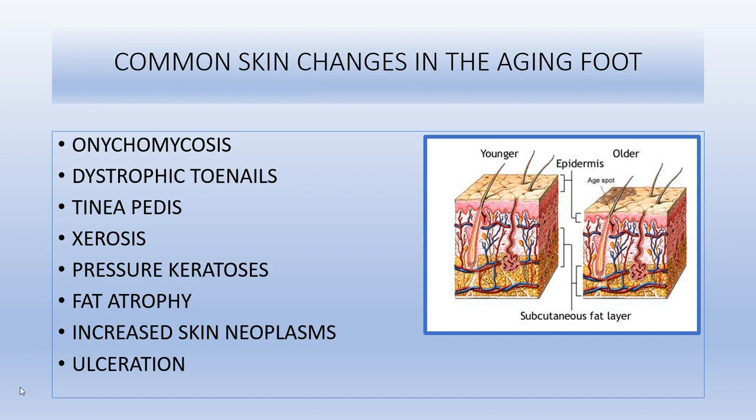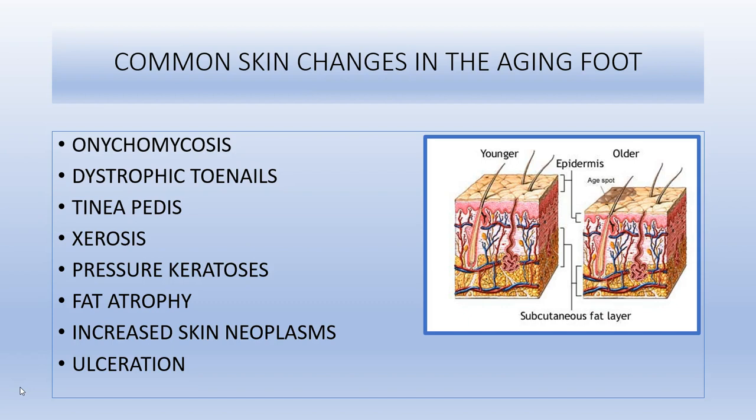Anyone in general practice knows that there are some common skin disorders that are encountered in the geriatric patient. Certainly onychomycosis and various dystrophic nail deformities are encountered on a regular basis, and it's important in disease prevention really to make an appropriate diagnosis of these patients, treat the patients either topically or systemically.